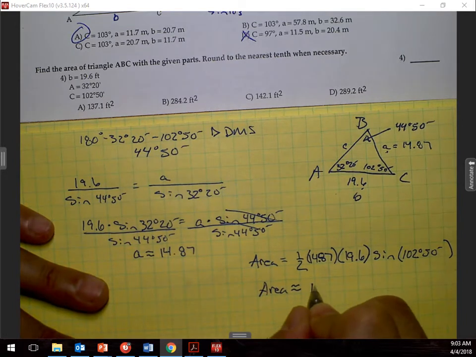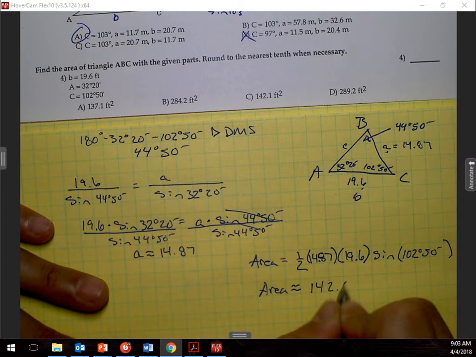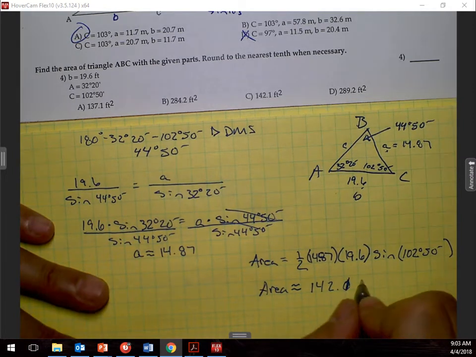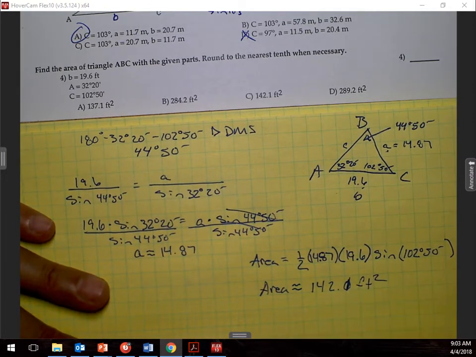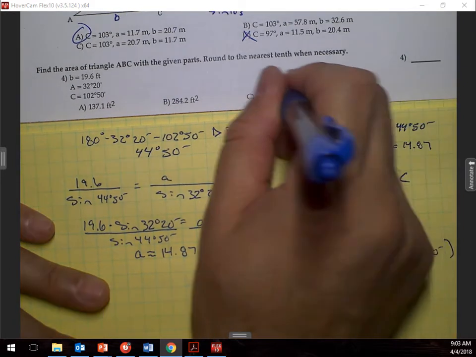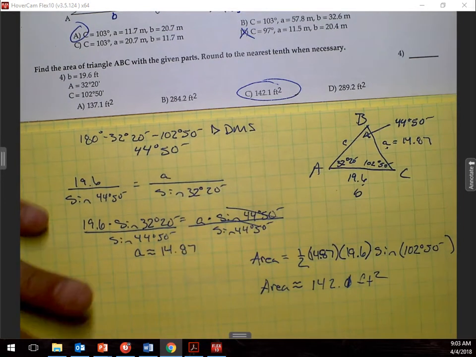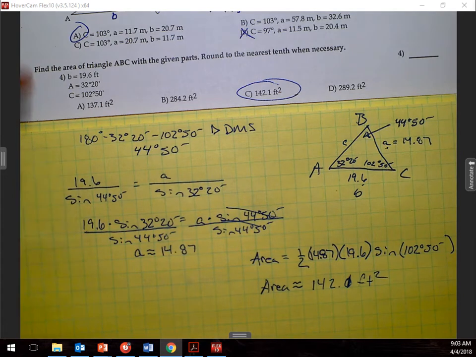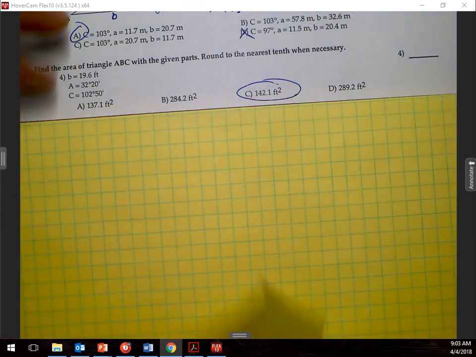What is it? And that's going to be my square feet. There we go. All right, let's go on to the next one.